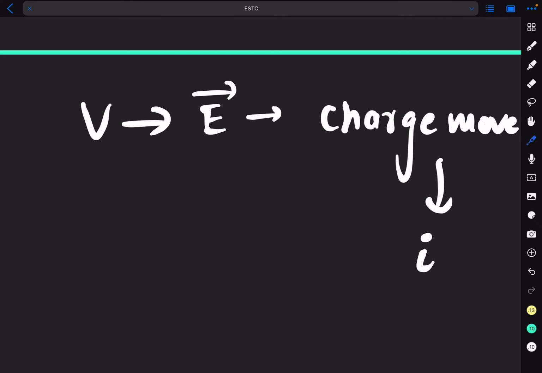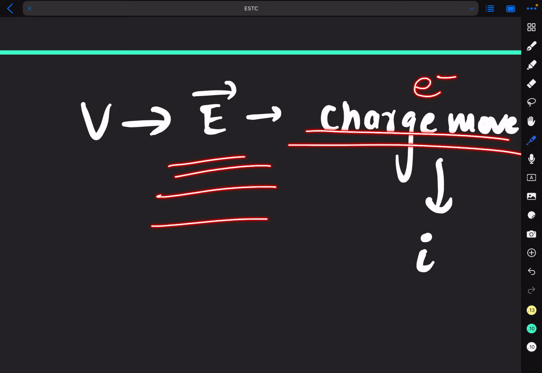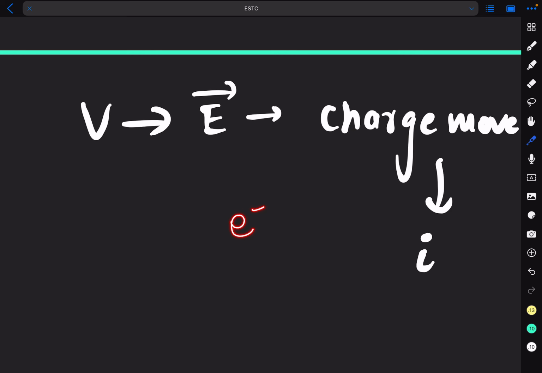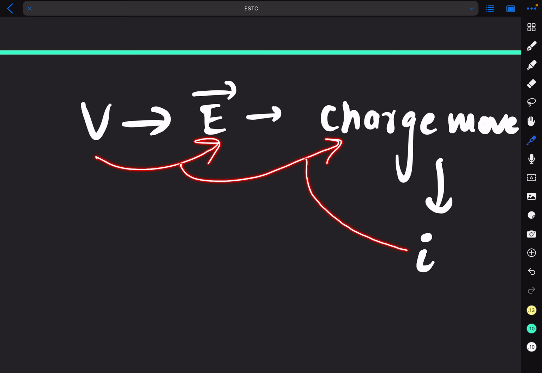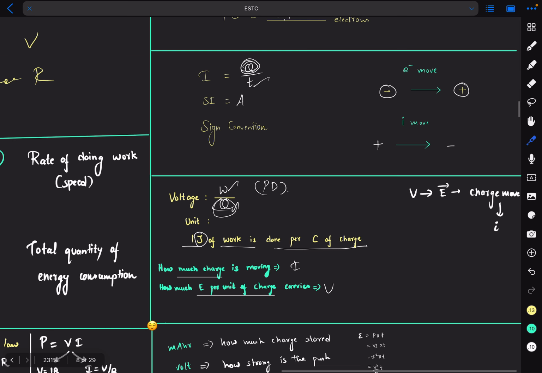This is very important. Voltage just creates something called an electric field. This is a field or an area where the charges, the electrons, move, and we know the movement of electrons is current. So voltage doesn't cause the current, it creates an electric field. Because of the electric field, charges move. Because of the movement of charge, current is created.